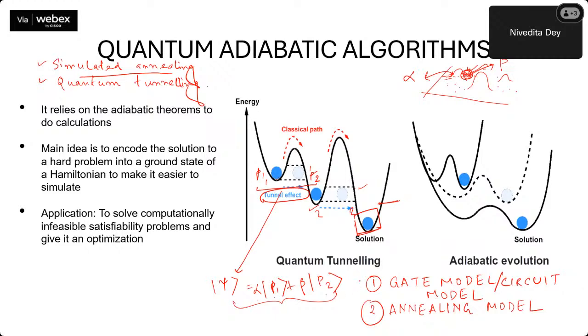All the companies like IBM, Rigetti, and Google use this gate model. That is why it is thought of as a universal model of computation. The annealing model is used by D-Wave.